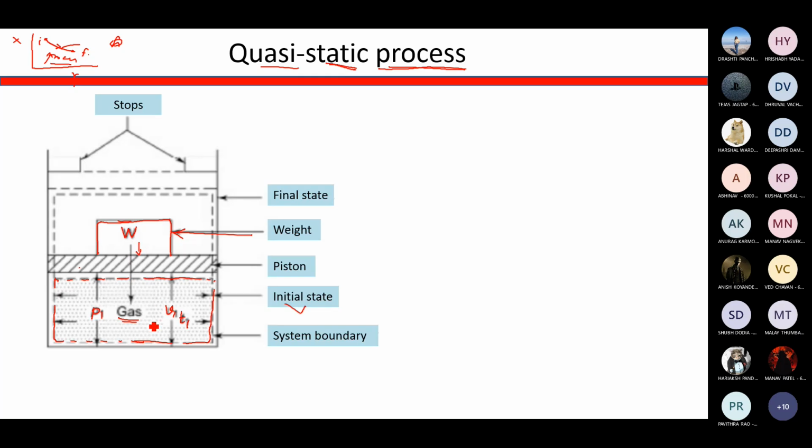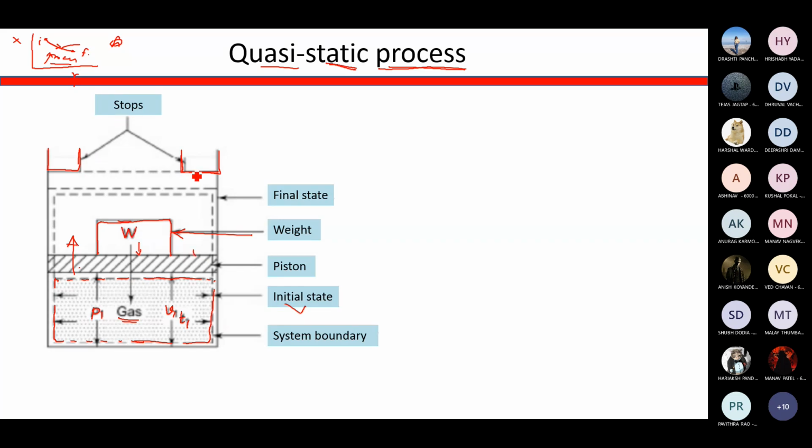Now what will happen? As I already said, this gas is under pressure, means it is pressurized. So this gas will naturally expand, right? And the piston will move up, right? Up to what point will this piston move? Consider that the pressure of the gas is high enough, so this piston will reach this stopper, which is at the top. So this is your stopper, or the stops.